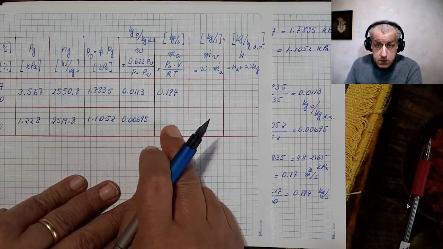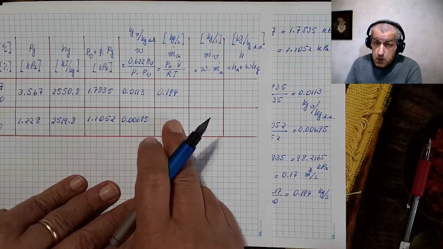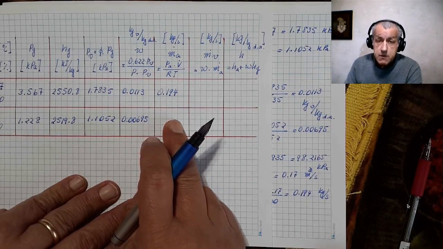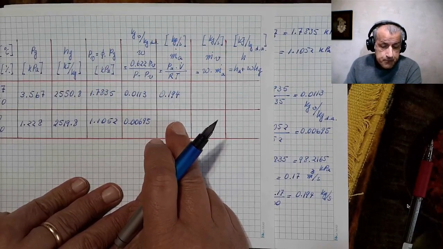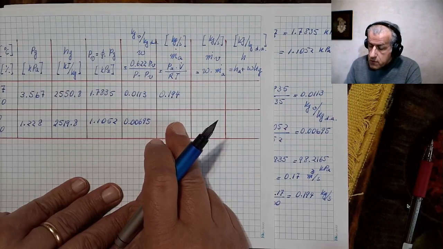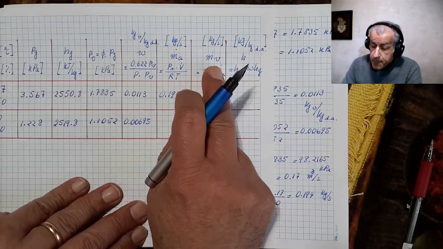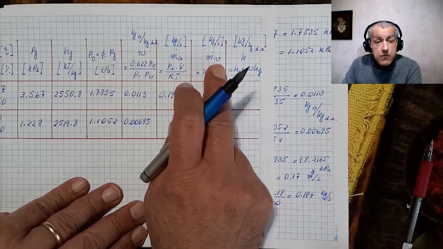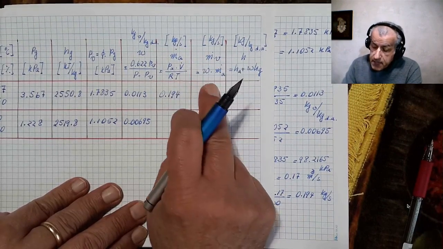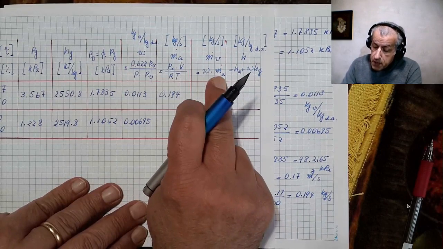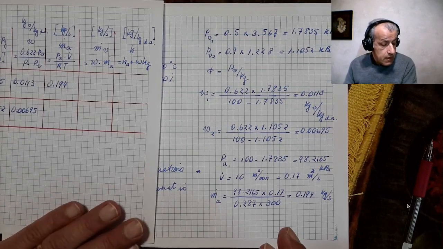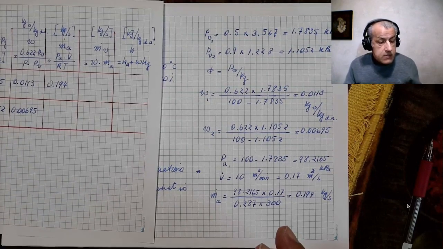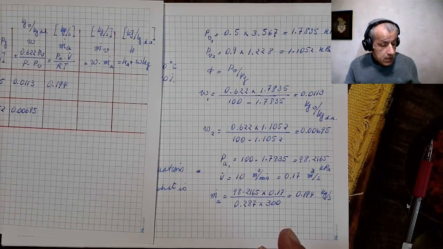Although it's very obvious to us, that's what the mass balance will later on tell us. Now, the mass flow rate for vapor is just W multiplied by M dot A. So it's easy to calculate the vapor mass flow rate as well.